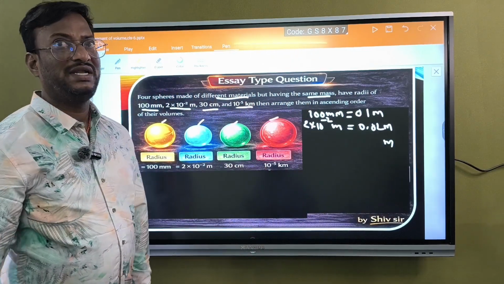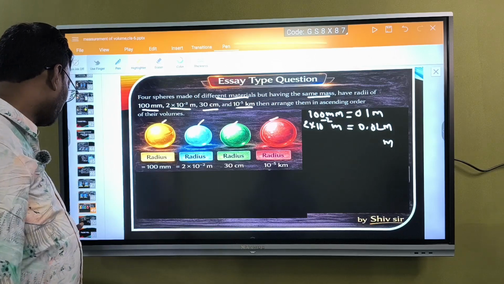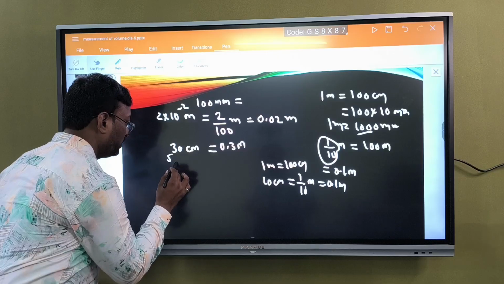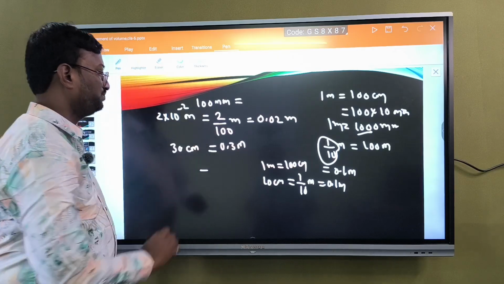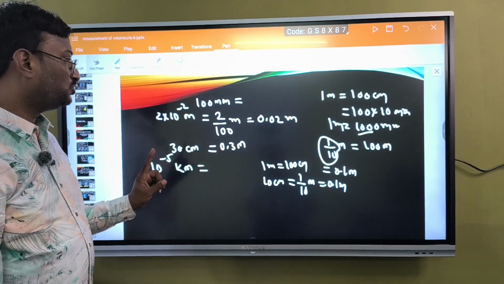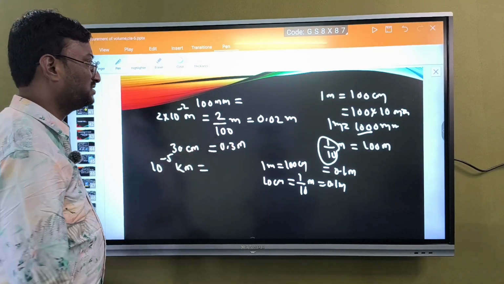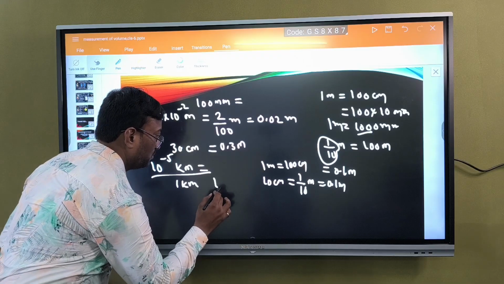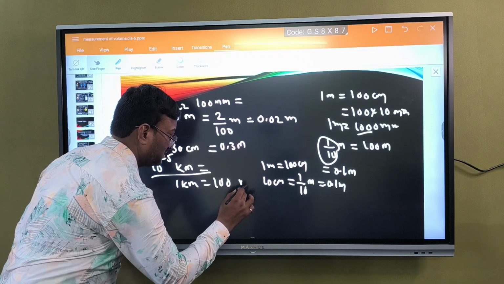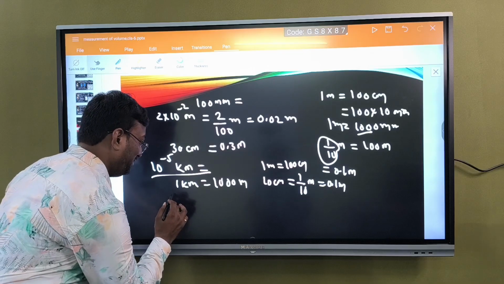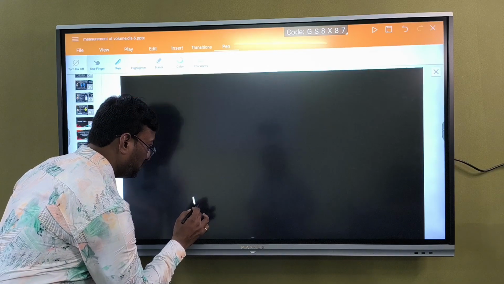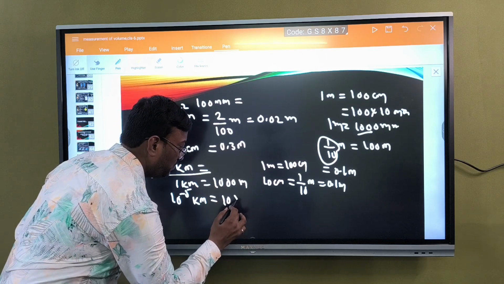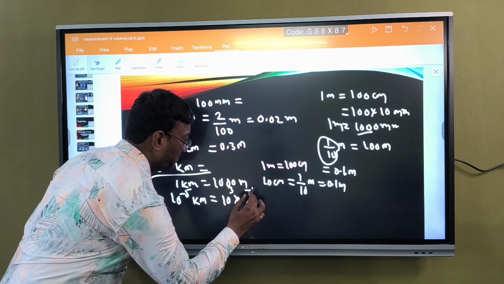And the final one, 10 power minus 5 kilometers, should be converted. Right, see now, 10 to the power of minus 5 kilometers. 1 kilometer is equal to how much? 1000 meters, right? See here, 1 kilometer is equal to 1000 meters. 10 power minus 5 kilometers can be written as 10 power 3 into 10 power minus 5 meters.